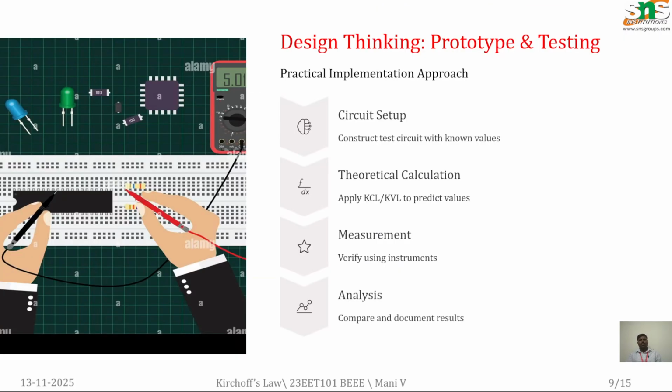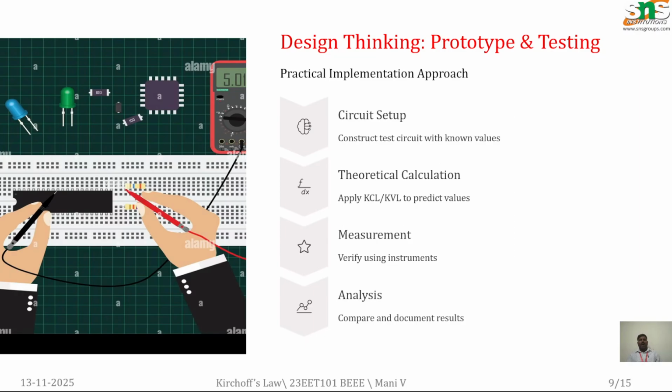Okay, so you can do a prototype and test. You can construct a circuit with known values like 1 kilo ohm, 2 kilo ohm, 5 kilo ohm, etc. You can do the theoretical calculation by applying Kirchhoff voltage law and Kirchhoff current law to predict the value, and verify using an instrument like a multimeter, voltmeter, or ammeter.